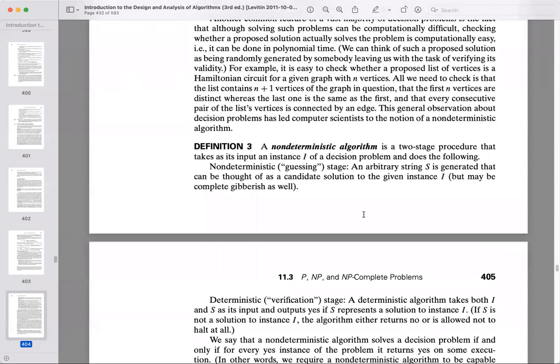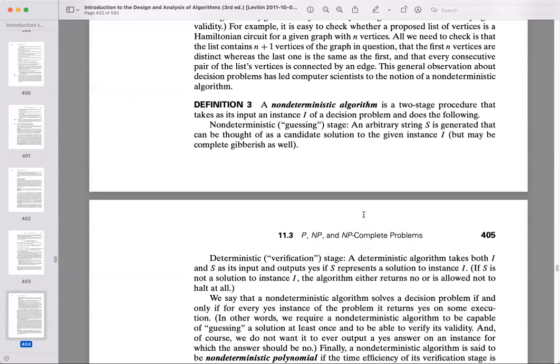So the definition here: we've talked about deterministic algorithms, where we know what's going to happen. A deterministic algorithm is everything that we've done so far. You know where to start, where to end. It's all determined. A non-deterministic algorithm then is a two-stage process. These are the kinds of problems where checking the answer is straightforward enough, but we can't solve the problem directly.